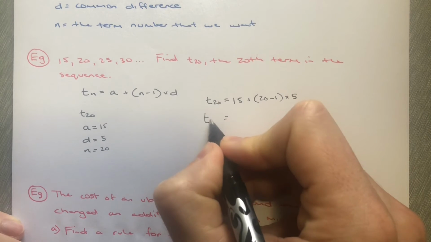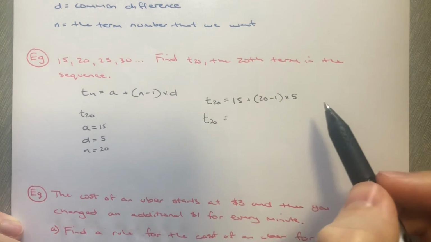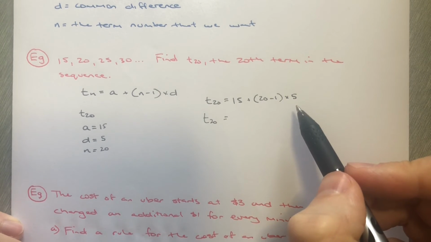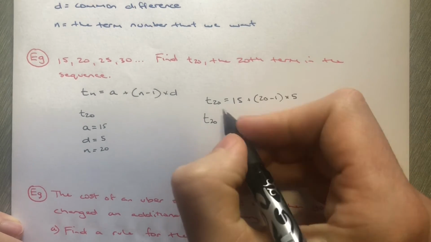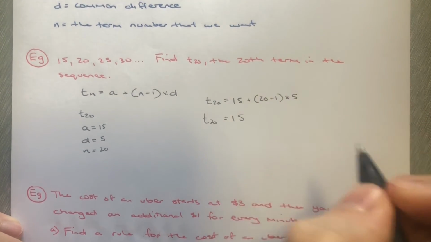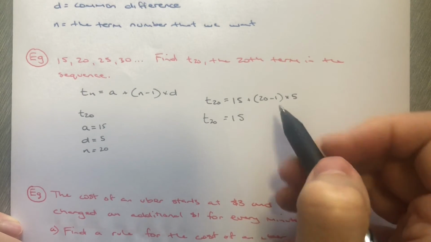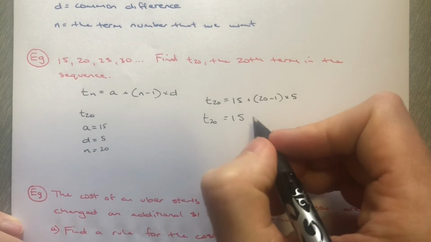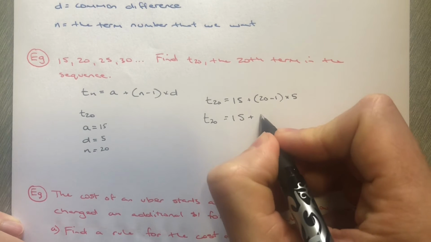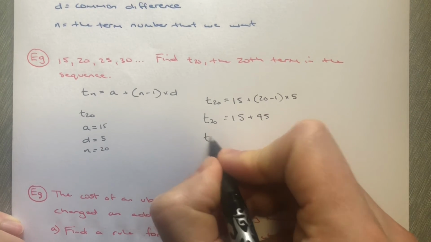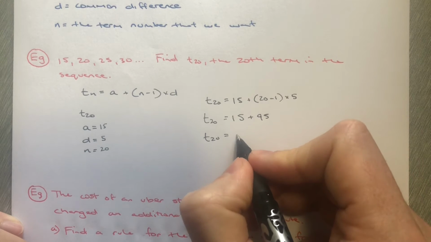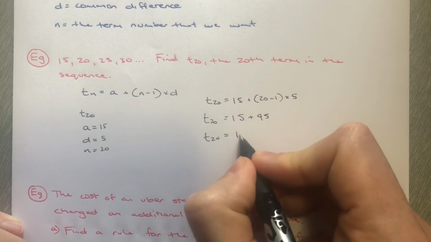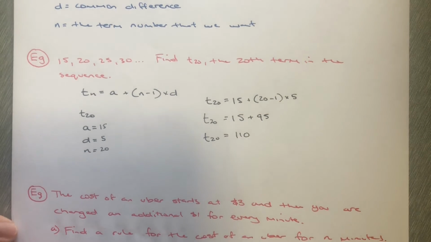So we can work out that T20 is, you guys can put this straight into your calculator. I don't have my calculator here right now, so I'll just try to do it by hand. So that should be 95. So the 20th term is going to be 110. And we'll be done.